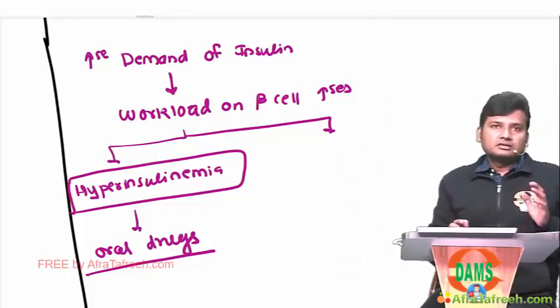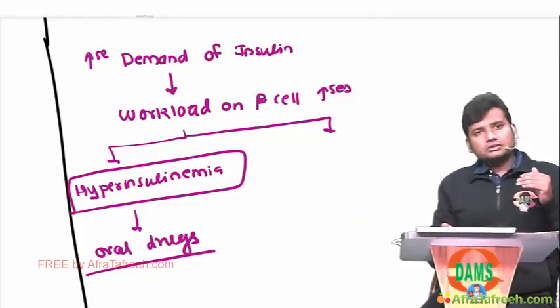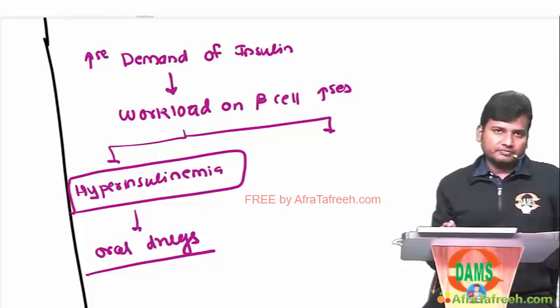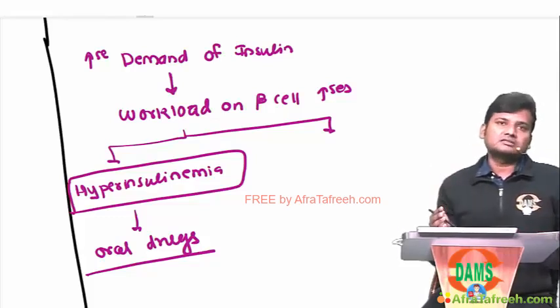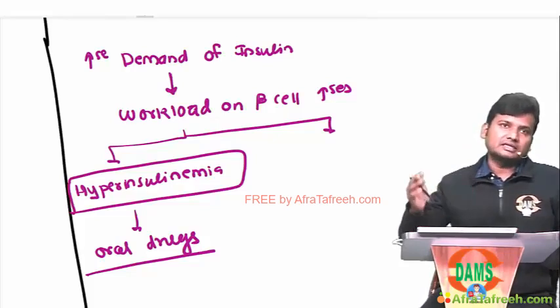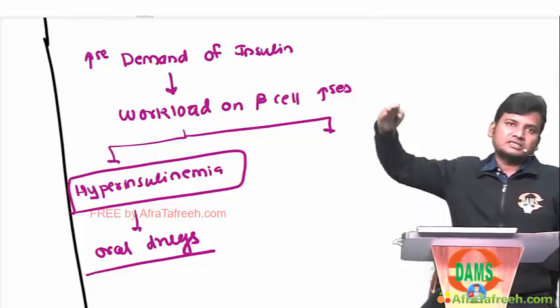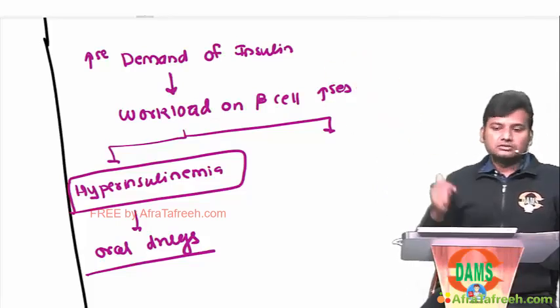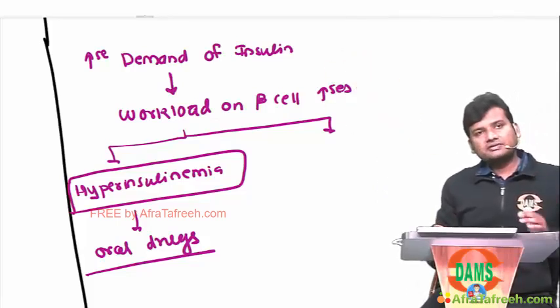Okay. Now as age of the patient increases, the peripheral resistance to insulin also increases. So workload on beta cell will also increase.